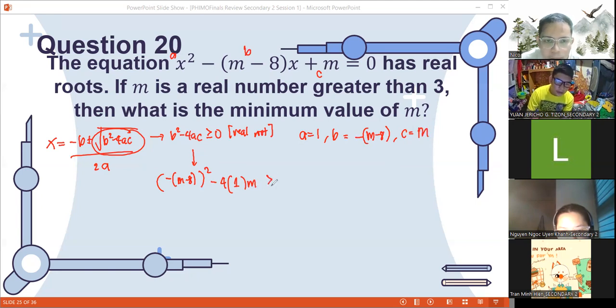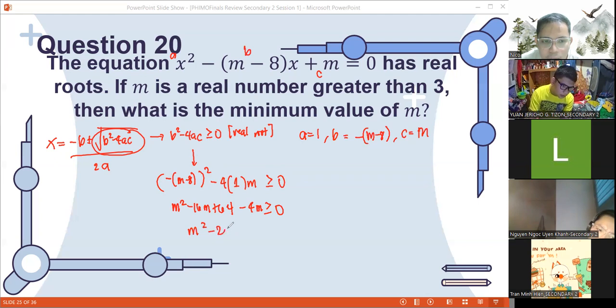So simplifying, this is m squared minus 16m plus 64, and this is 4m. So simplifying further, this is m squared minus 20m plus 64 greater than or equal to 0, right?